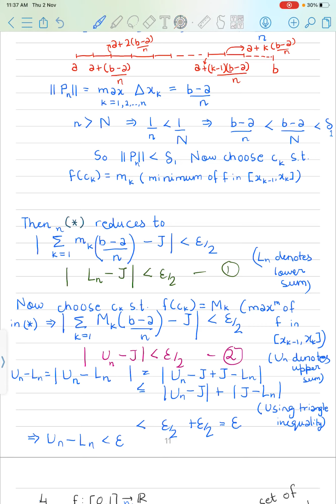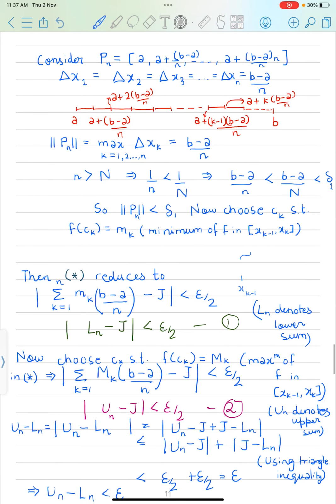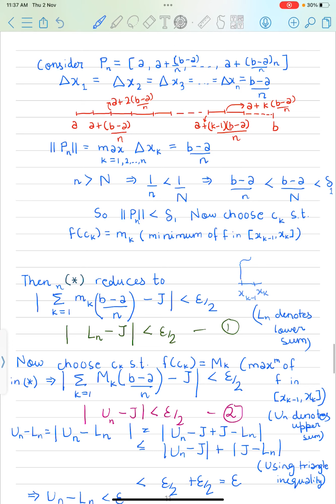So let me draw a diagram to explain it. Let's say this is my xk minus 1, this is my xk. So where is the maximum value?